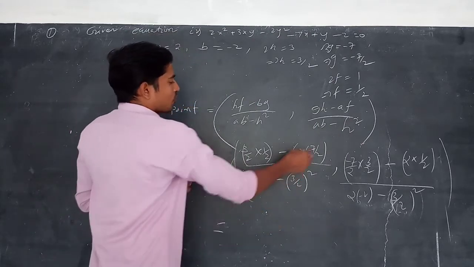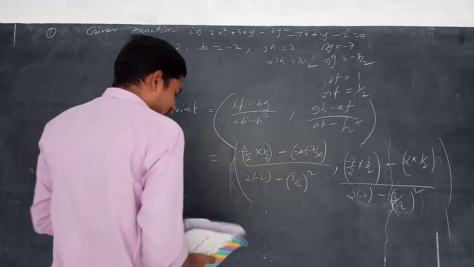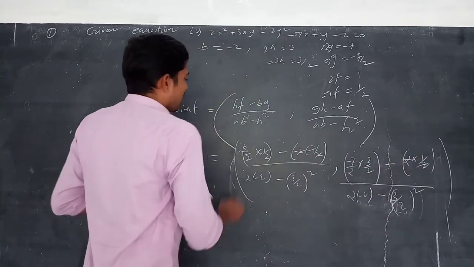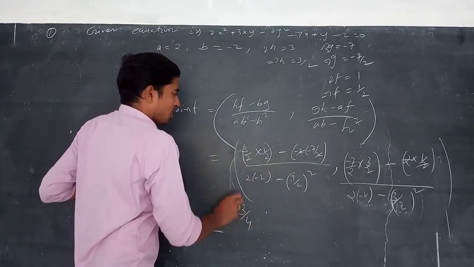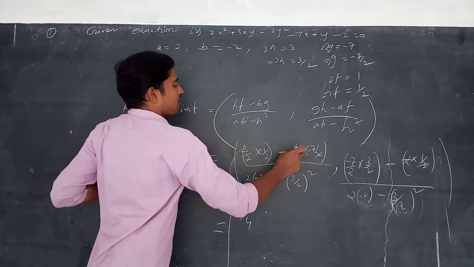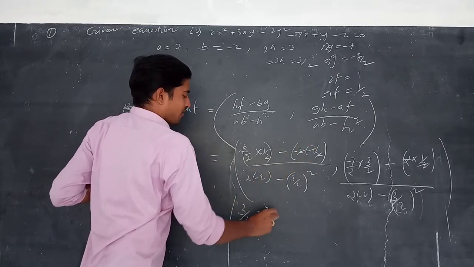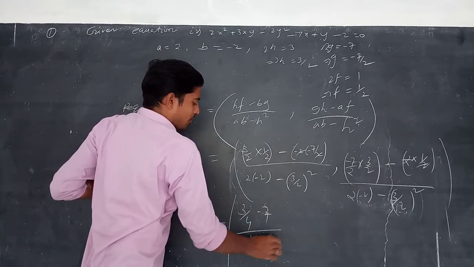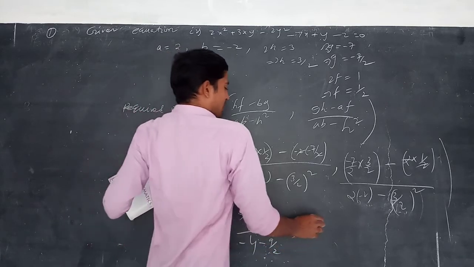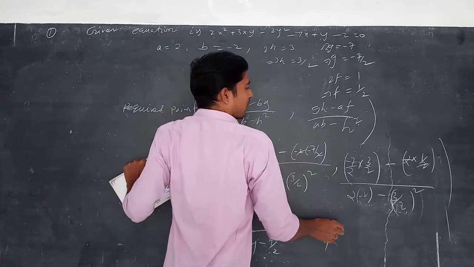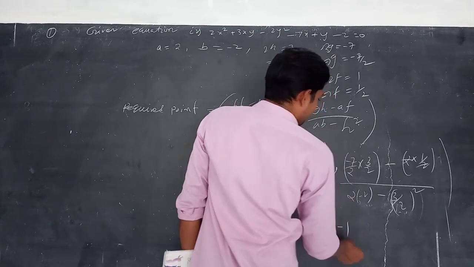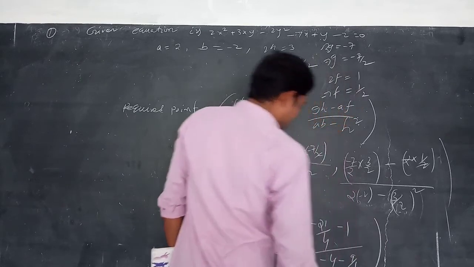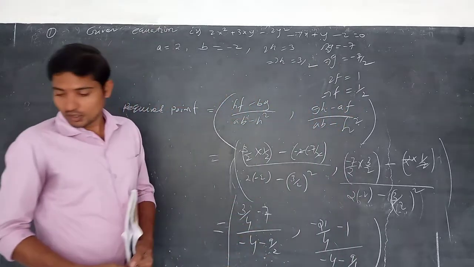See, 2 cancels, and 3 by 4, right? Minus of minus plus, minus 7 by minus 4 and 9 by 2, comma, minus 21 by 4 and then minus 1 by minus 4 and 9 by 4, close it, right?